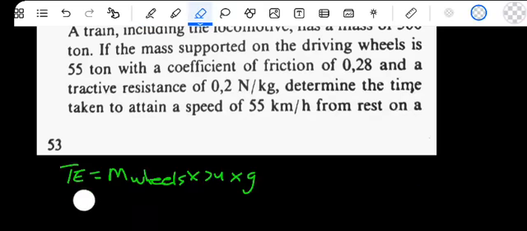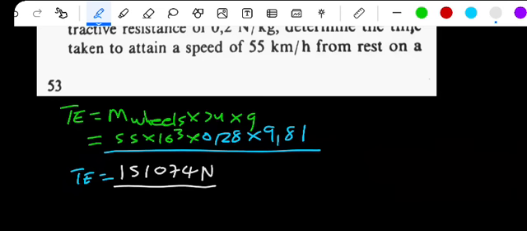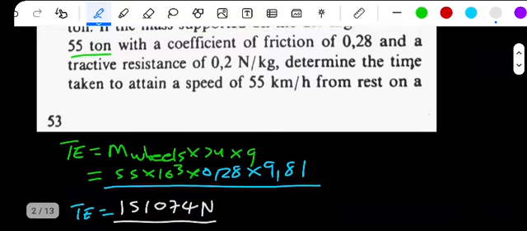Now, you know the aim of this game. Why are we calculating this? Because they said we should determine the time.